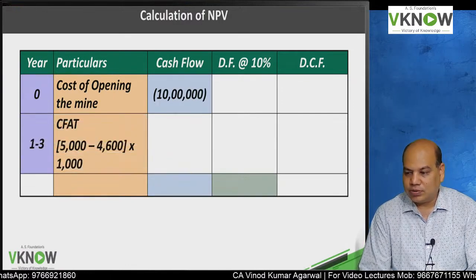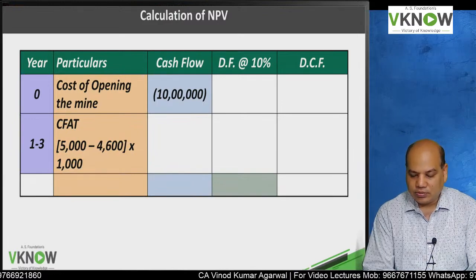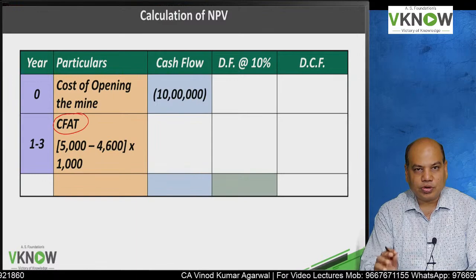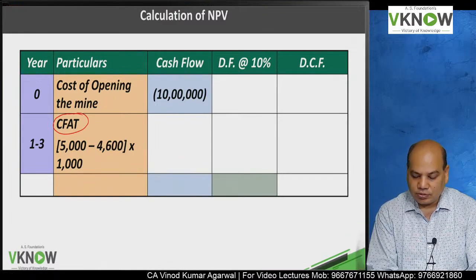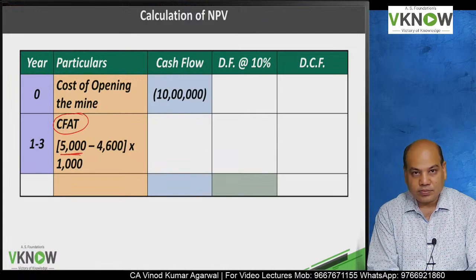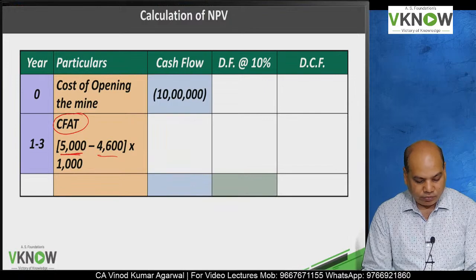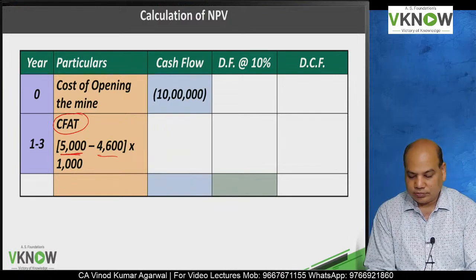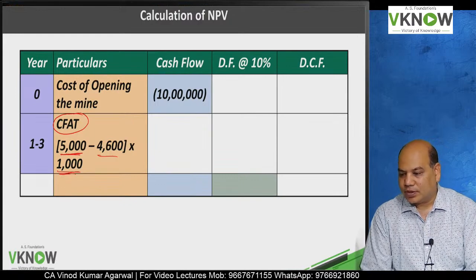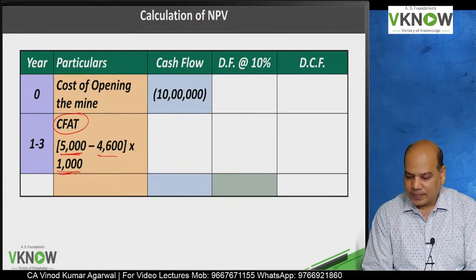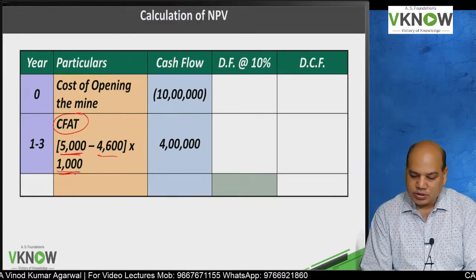And for years 1 to 3, you will get cash flow after tax, or you can just write annual cash inflow. 5,000 rupees is the price of the gold, 4,600 is the extraction cost, and 1,000 is the quantity. So the answer is 4 lakh rupees.